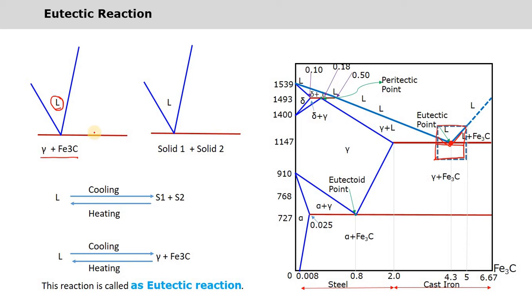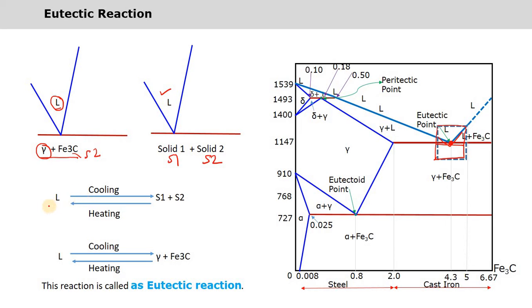Now for this reaction, the liquid remains liquid, whereas gamma is called solid 1 and Fe3C is solid 2. That's why I have written that liquid is transforming during cooling to solid 1 plus solid 2.